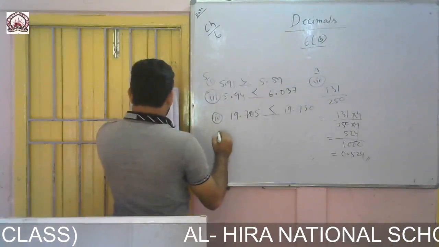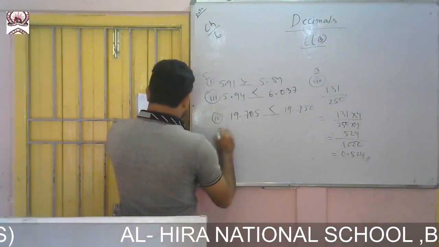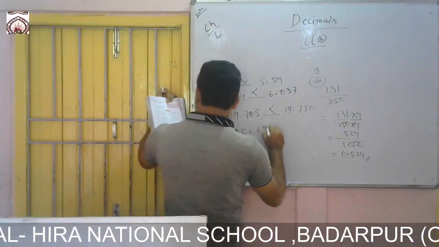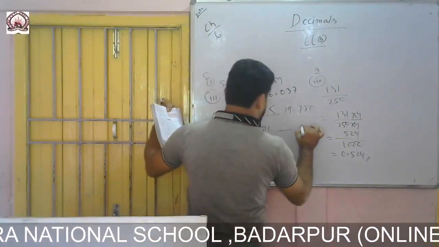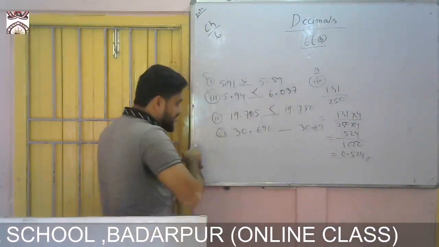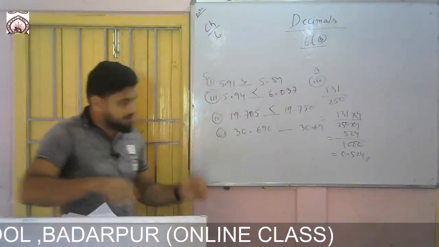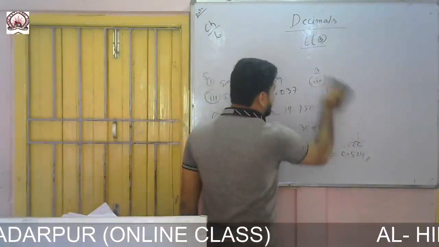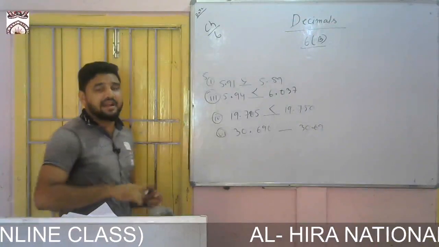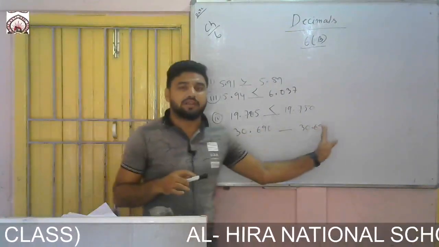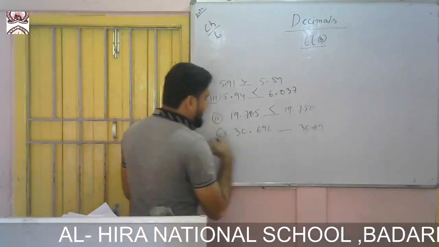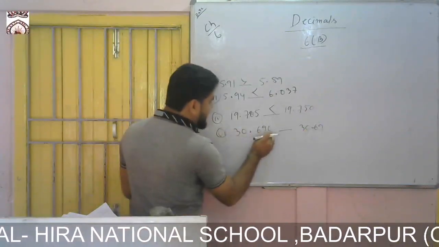Now come to question number 6. What is there? 30.690 and 30.69. As I said earlier, on the extreme right of the fractional part you can add zeros. So 30.69 becomes 30.690.